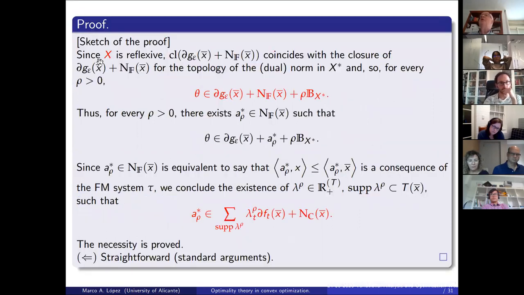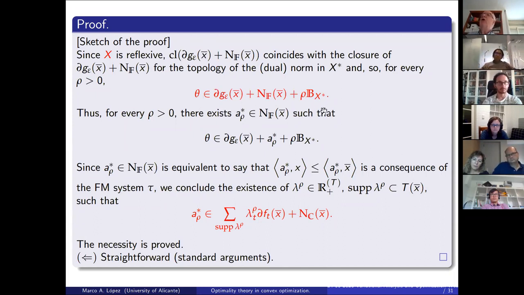And so, thanks to the reflexivity, I'm assuming X is a reflexive Banach space, this weak star closure coincides with the closure of the same convex set for the topology of the dual norm in the dual space. And so 0 must belong to the closure of this set for the dual norm.